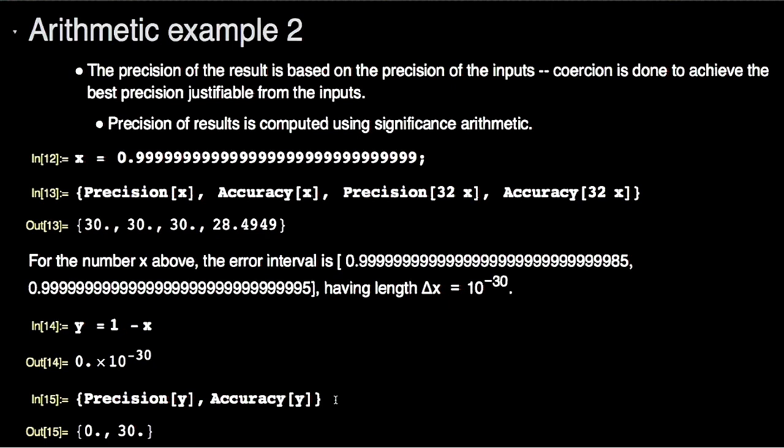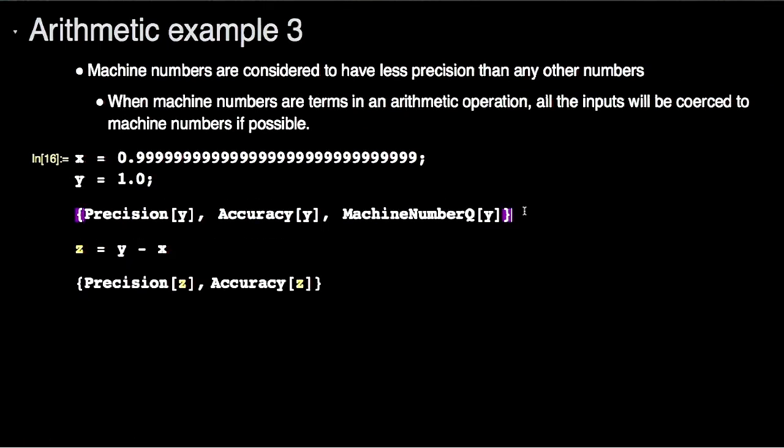So it's really close to 0, but it doesn't get any closer than that. When you're near 0, accuracy becomes a fairly useful measure of what's going on. Okay, I think that's it for that example.